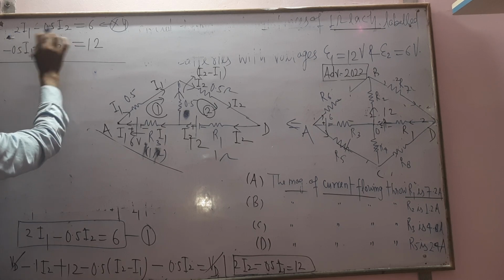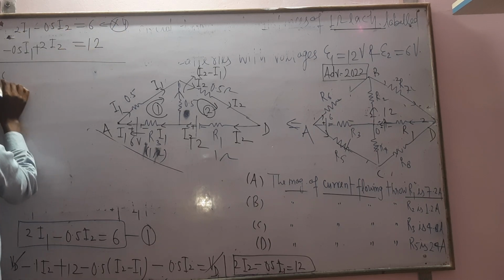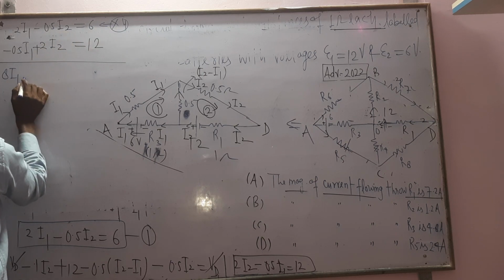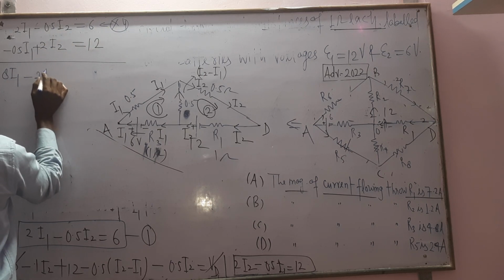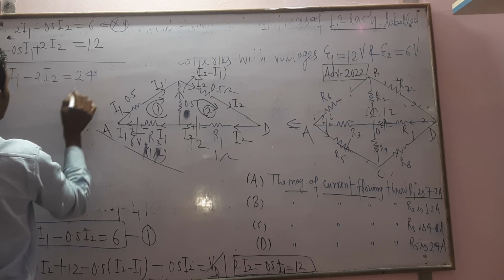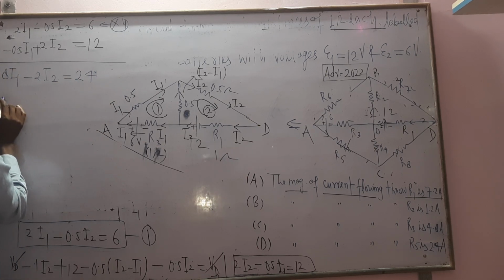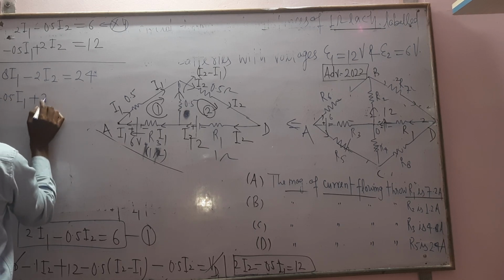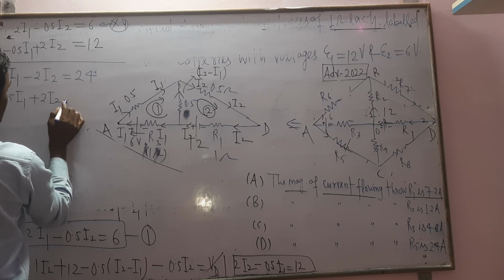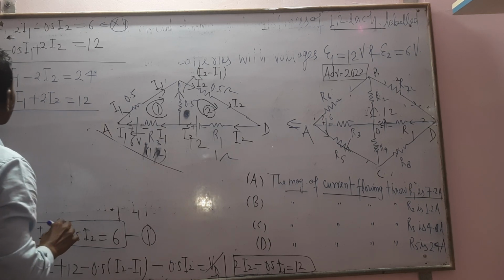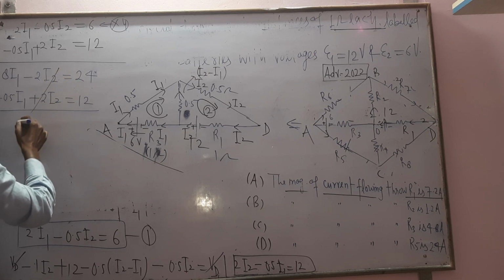So 8 I1 minus 2 I2 equals 24. Next, minus 0.5 I1 plus 2 I2 equals 12. Okay, so we add these, and I2 will be cancelled out.